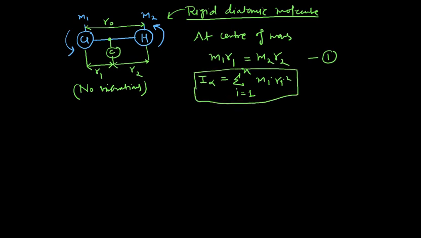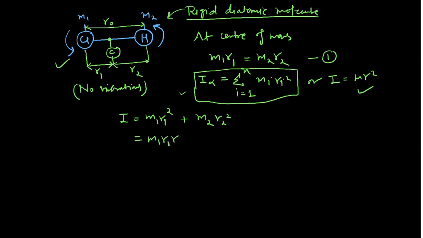If you have a problem with this, simply remember I equals mr square, nothing else. So in the light of this equation, you can write I equals m1 r1 square plus m2 r2 square for this rigid diatomic molecule, and this can be written as m1 r1 into r1.